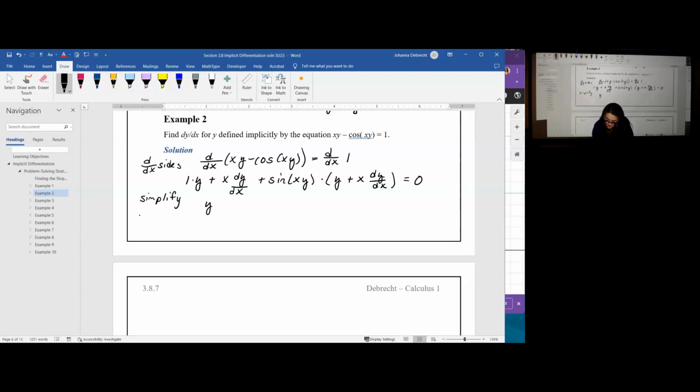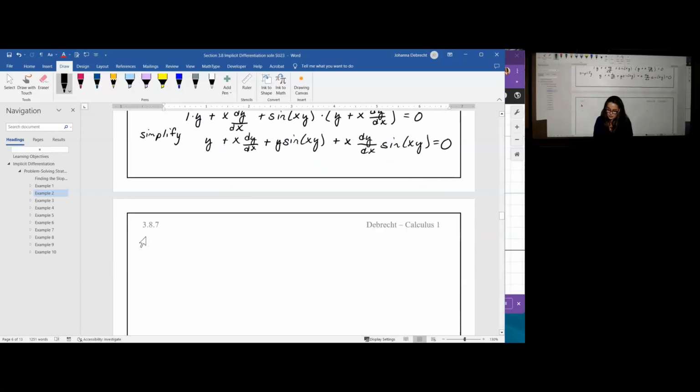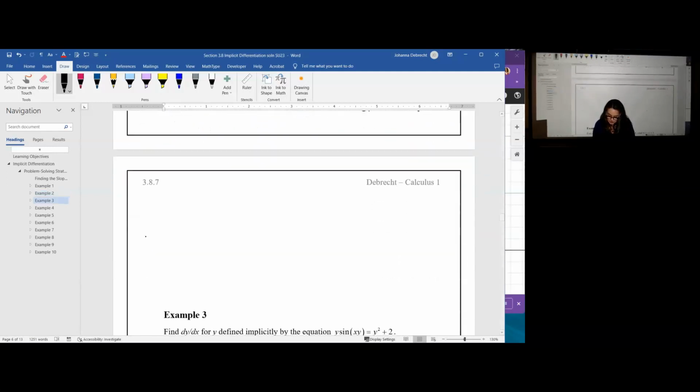This will give me y plus x dy/dx plus y sine of xy plus x dy/dx sine of xy, still equal to 0. My next step in the problem-solving process for implicit differentiation is to then gather the dy/dx terms.